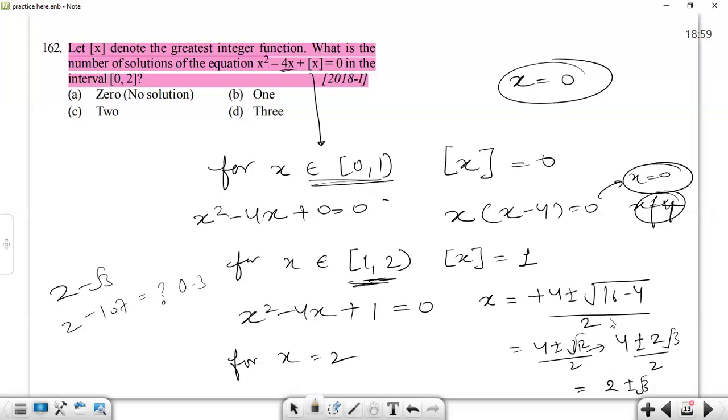So neither of the roots is of use to us. Taking x equals 2, for x equal to 2, 4 minus 4 into 2 plus its greatest integer, which is itself 2. So 4 plus 2, 6 minus 8 is not 0. So this is also not a root. So only one root is there, x equals 0. So the answer should be B.